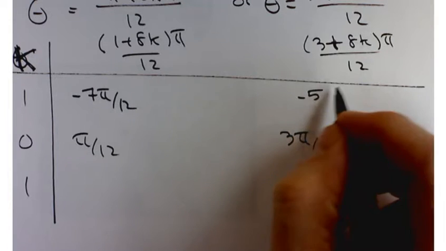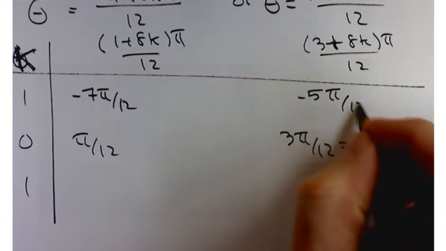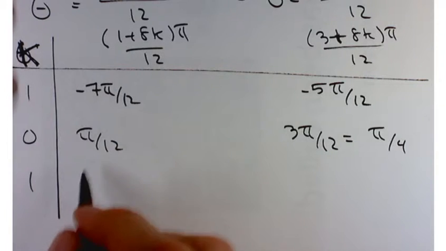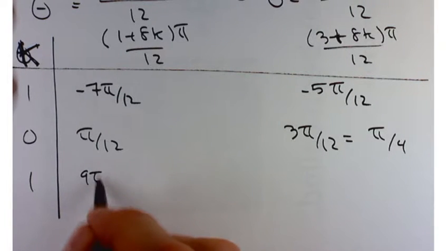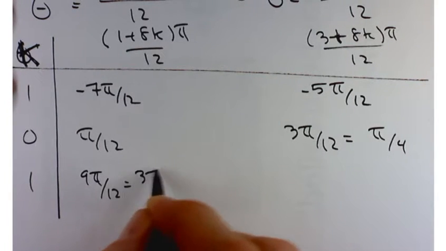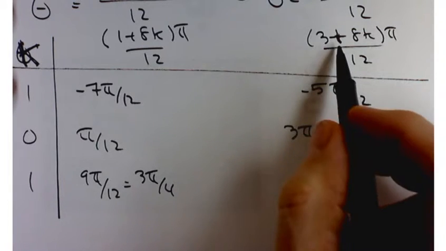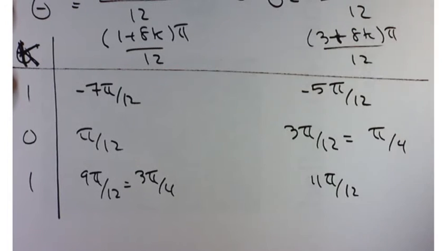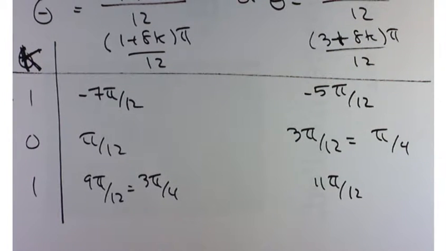So -5 pi over 12. Last but not least, let's plug in k equal 1. If I plug in k equal 1 here, I get 9 pi over 12, which of course reduces to 3 pi over 4. And then over here, 11 pi over 12. And that's it. Good.